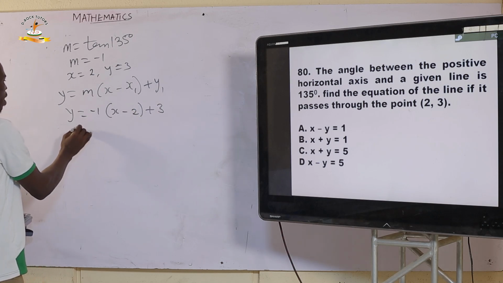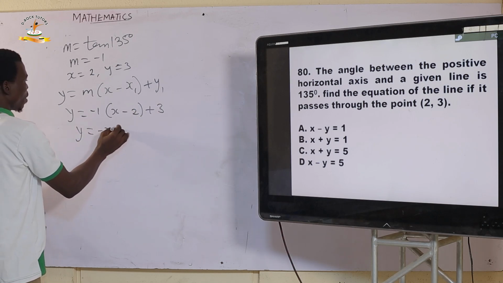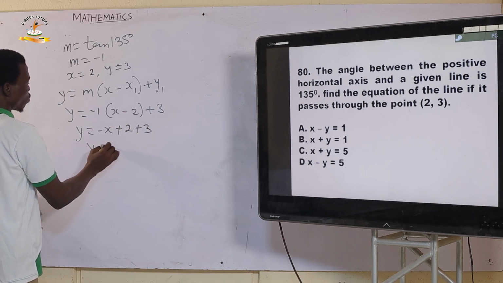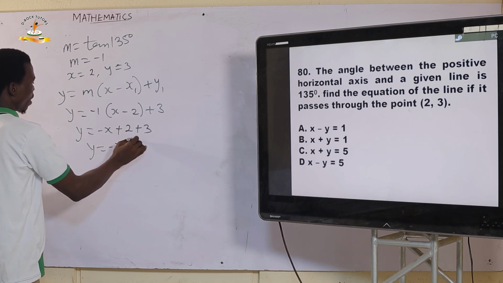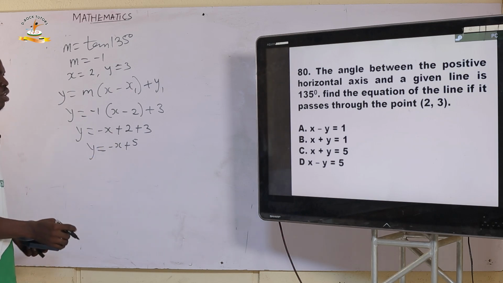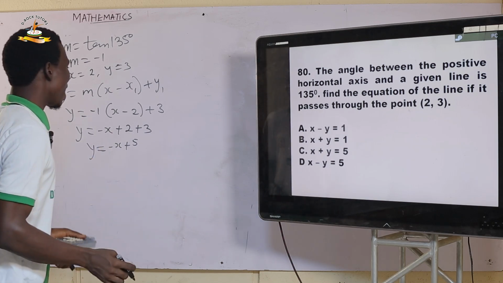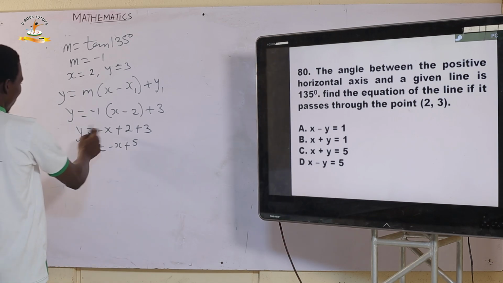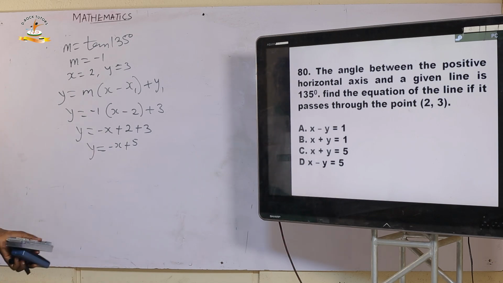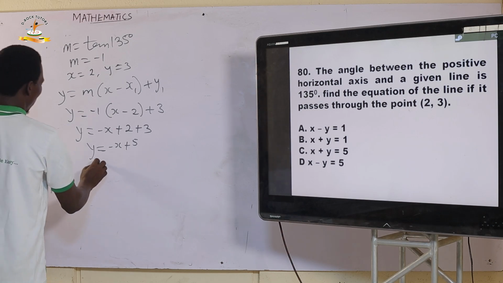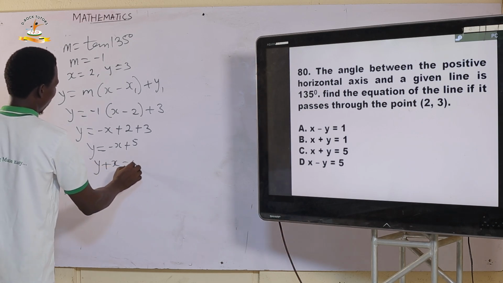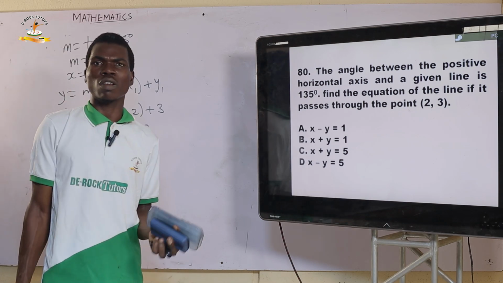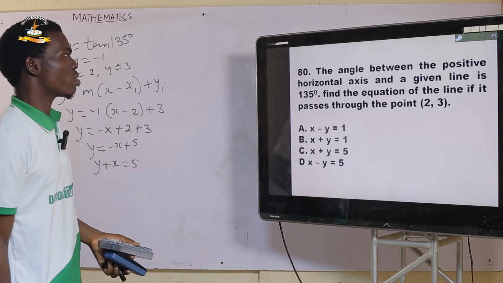We simplify further, y equals minus x plus 2 plus 3, and this is going to be y equals minus x plus 5. If you bring minus x to this side, it becomes x plus y equals 5. And the correct option is option C. Our next question.